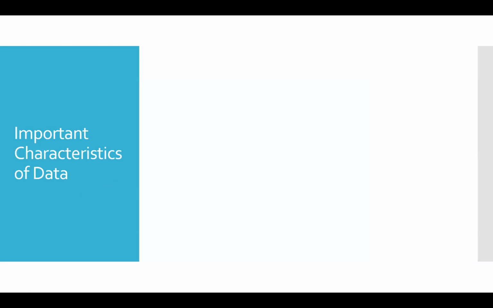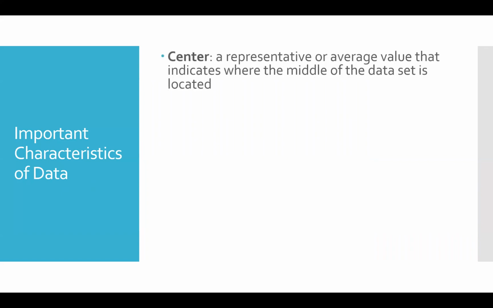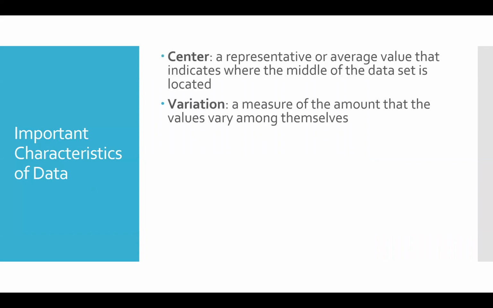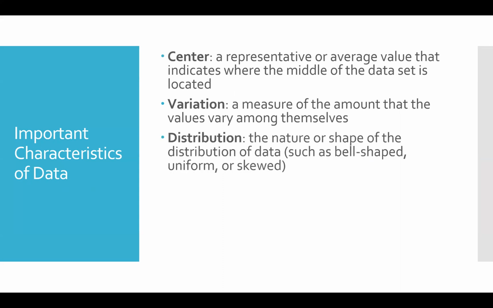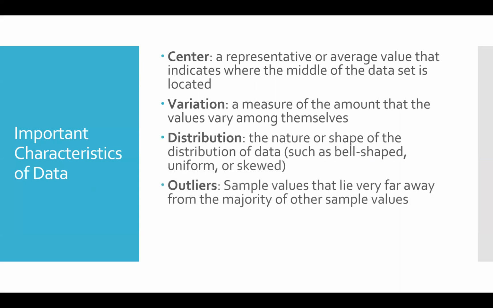Okay, when you start thinking about specifically quantitative data, so we're focused on numbers, there are 5 characteristics that you want to be able to describe in relationship to that data set. They are the center, variation, distribution, outliers, and time.